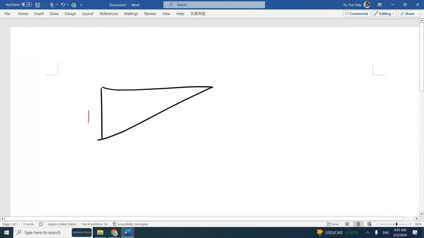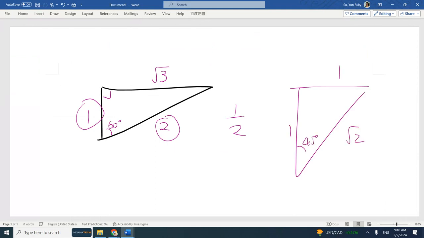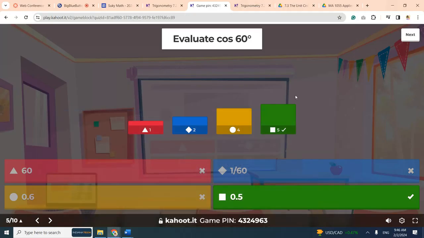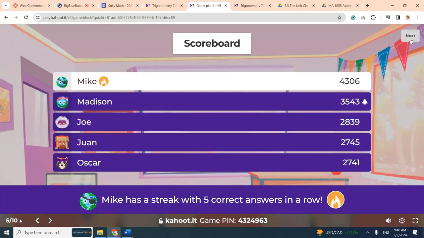What do you put here? 1, here 2, here square root of 3, and this is what? 60 degrees. Cosine 60 degrees is what? Adjacent over hypotenuse. Yes, everybody? Do you remember this triangle and also the 45 degree is 1, 1, square root of 2? Remember this? Yeah, so this is how we figure that out. So 1/2, 0.5. Okay.